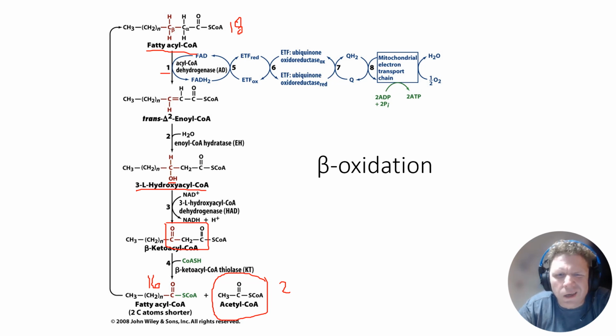We're almost making it symmetrical, because what we're going to be able to do is use the enzyme beta-ketoacyl thiolase, or beta-ketoacyl CoA thiolase, and put coenzyme A onto this second carbonyl carbon. And in the process, we're going to release our acetyl-CoA group. So our acetyl-CoA, which I've put a box around, is going to be released. And then we're going to put coenzyme A and link it up to that carbon.